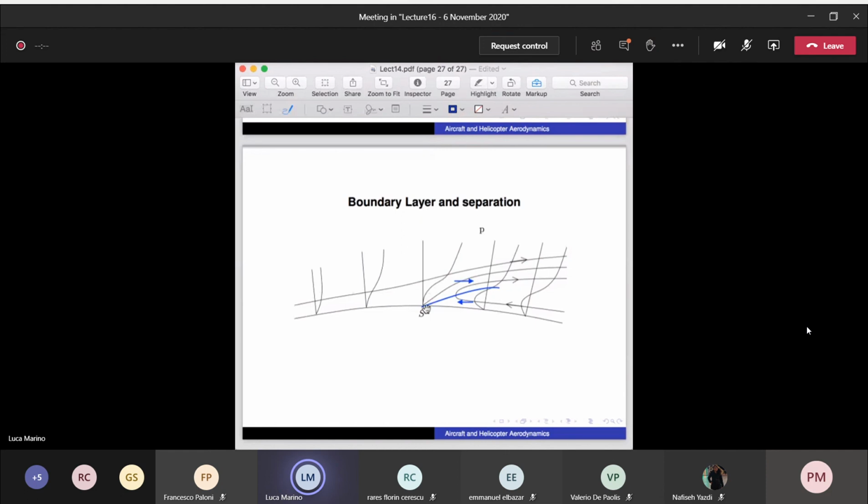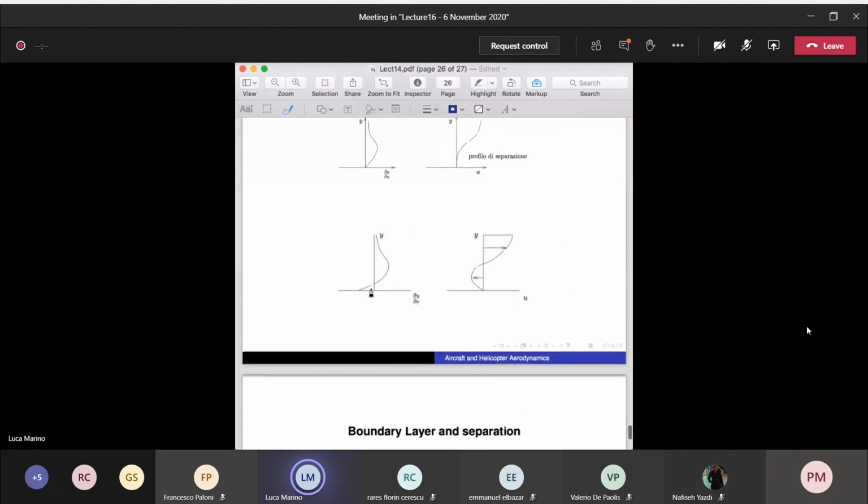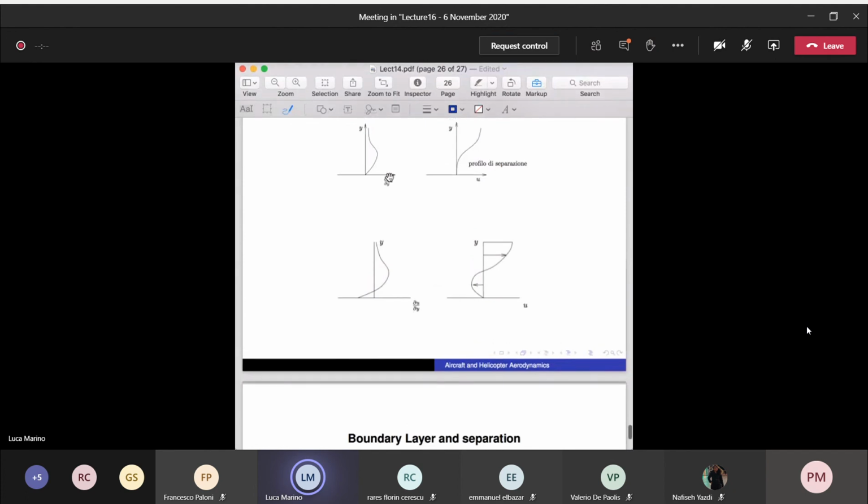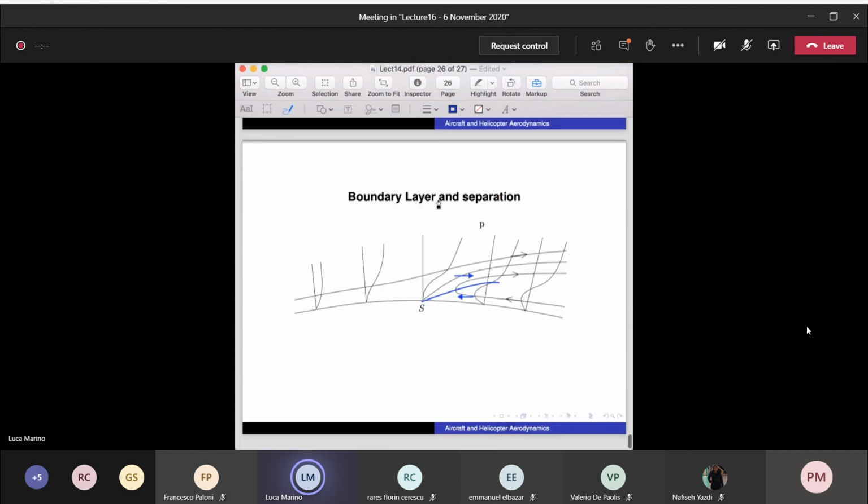Okay, and so the point where you have the du over dy equal to 0, so the point where you have the vanishing of the shear stress, is the point where you will have separation.